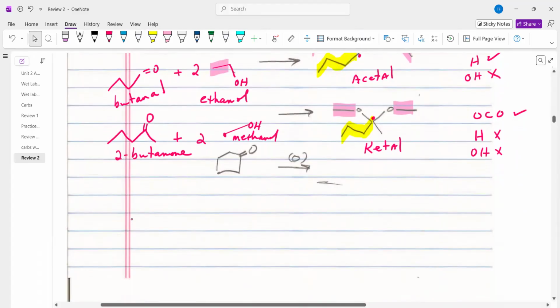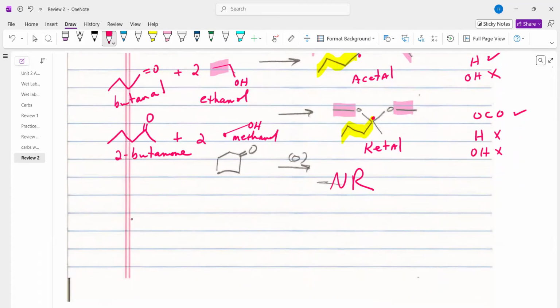Okay, so we have a cycloketone. Ketones cannot be oxidized, so this is a no reaction.